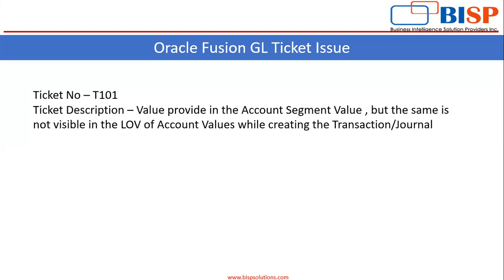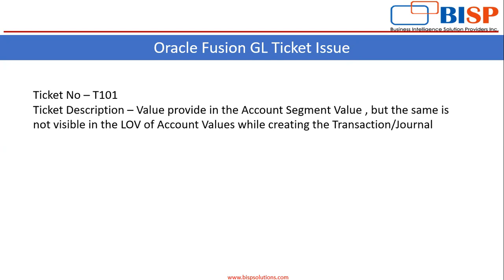That means there is some value which is provided by the user in the account segment value, but the same is not visible in the list of values of the account values while creating the transaction or journal. So we will discuss the reasons behind not reflecting the value in the LOV.